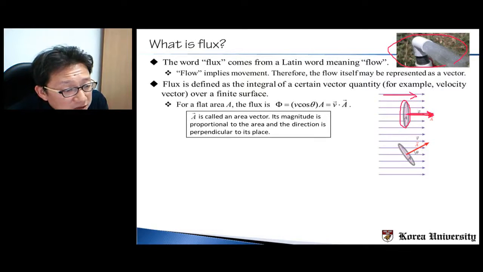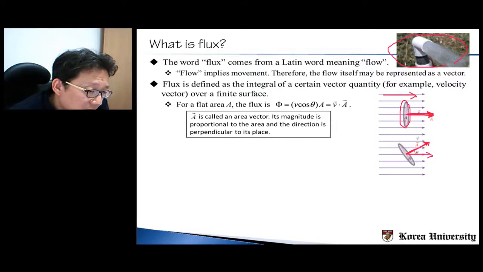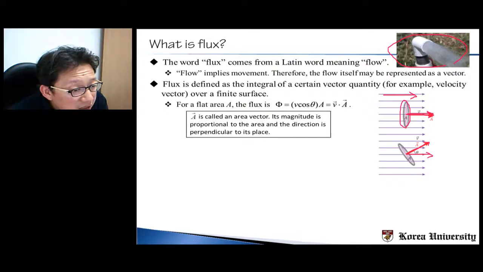And then think about the case where the surface is tilted by an angle theta, and then you see that in this case, again, the area vector is tilted away from this V vector, and the actual amount of flow going through the same area may be smaller. And if the angle becomes 90 degrees, just like this, then actually there will be no flow going through the surface, right?